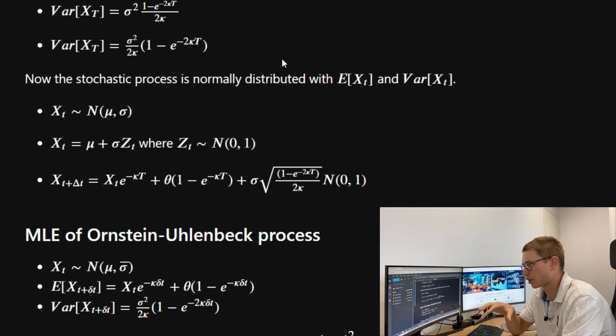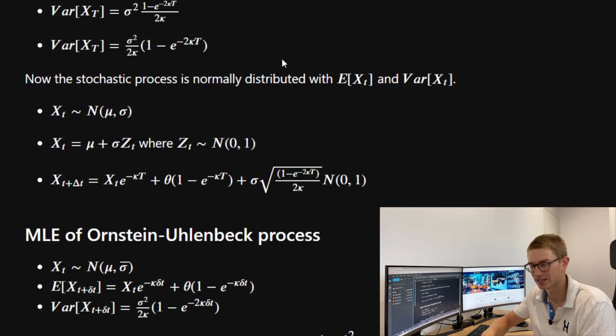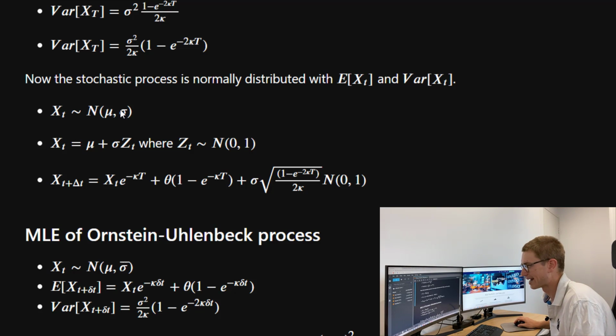Now, because this is an Ito process, and I've just calculated the expectation and the variance, I know that this is normally distributed. So I've got this Xt process with my mu and sigma, with the expectation and the variance as described above.